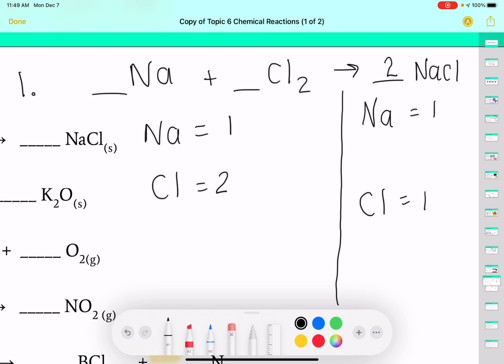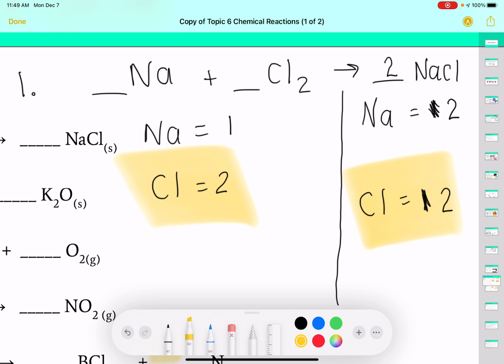So by putting that 2 in front, instead of 1, now we have 2, and Na has changed to 2. Okay, because it's saying we have 2 of everything behind that big 2, so we've got 2 NAs and 2 CLs. All right, now these are balanced, good.